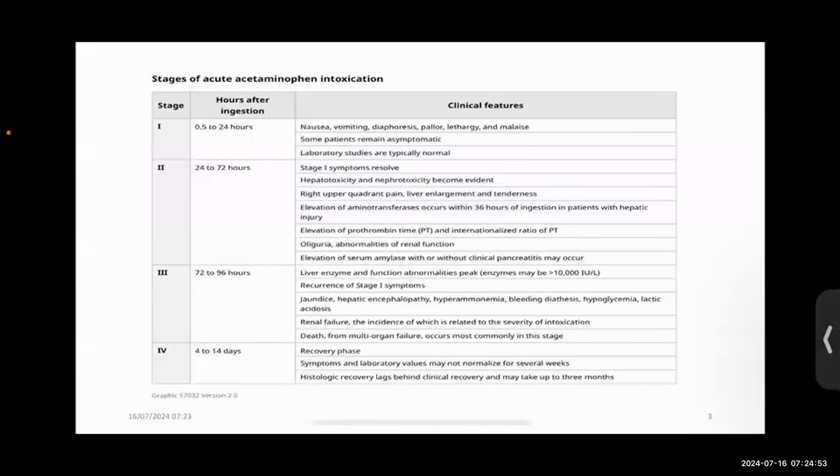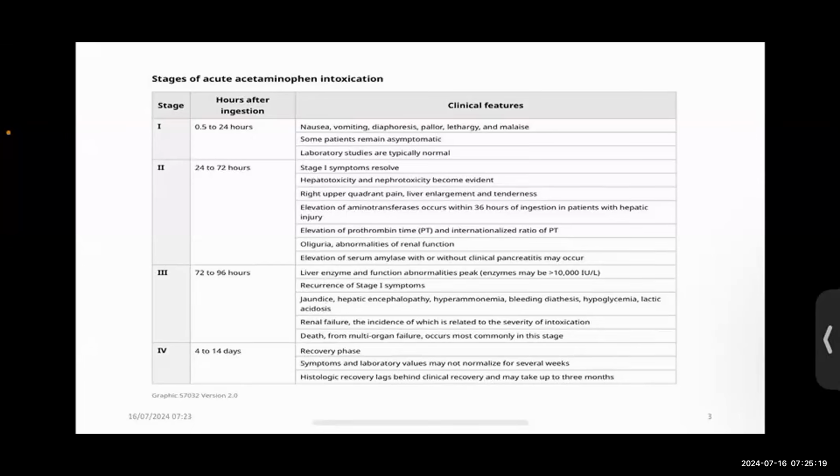Then for stage 2, between 24 to 72 hours, some will call it the hepatic or hepatotoxic phase, although some other authorities will say both the hepatotoxicity and nephrotoxicity stage. In this stage, some of the stage 1 symptoms would have resolved, and we have hepatotoxicity and nephrotoxicity present.